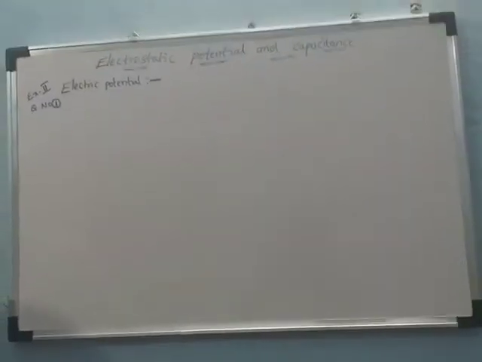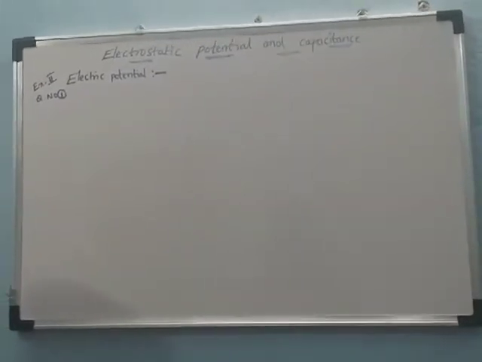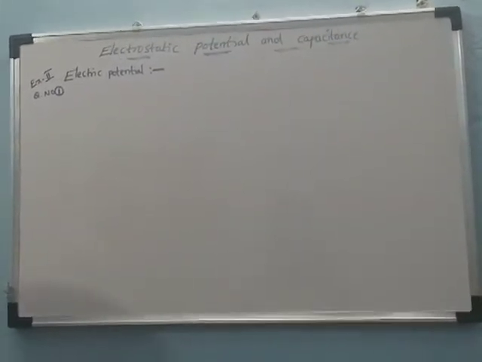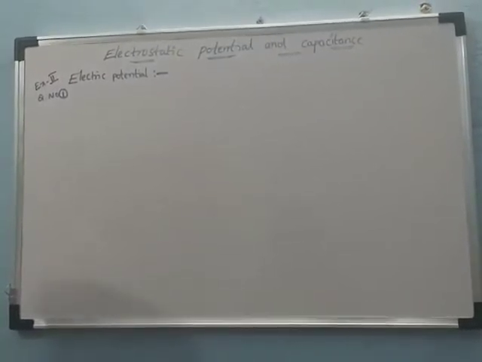Two parallel plates are 0.03 meters apart. The electric field intensity between them is 3000 Newton per Coulomb. Calculate the potential difference between the plates.